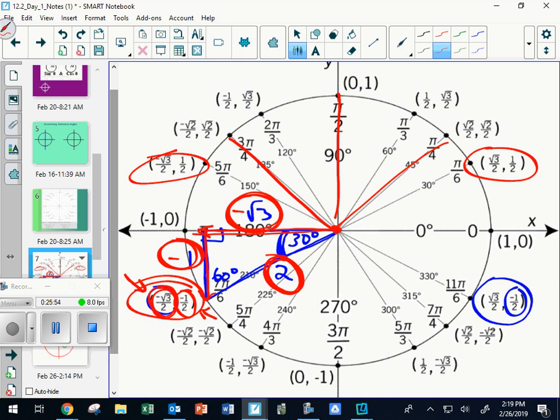They just have negatives thrown in. These are repeated 4 times. I'm going to use my highlighter. That, and that, and that, and that.